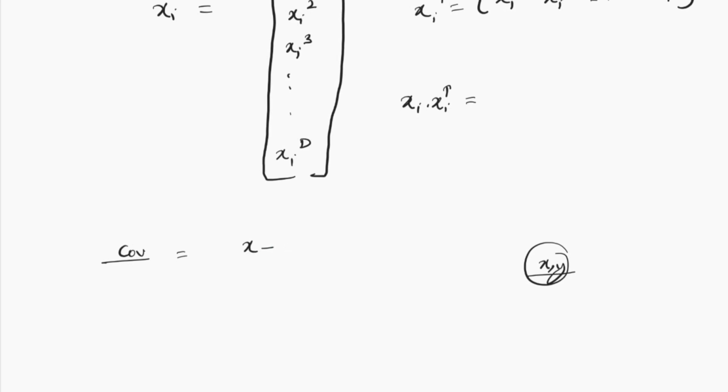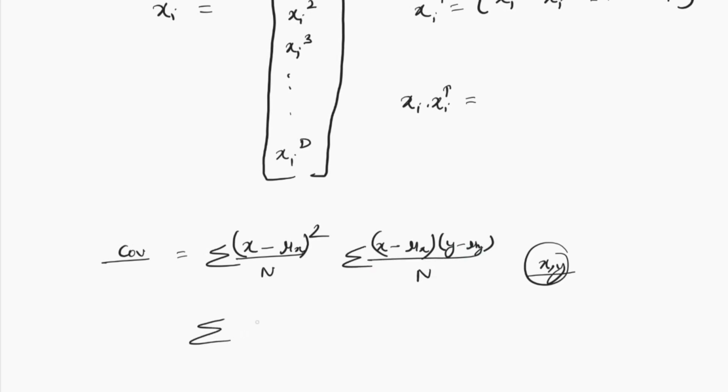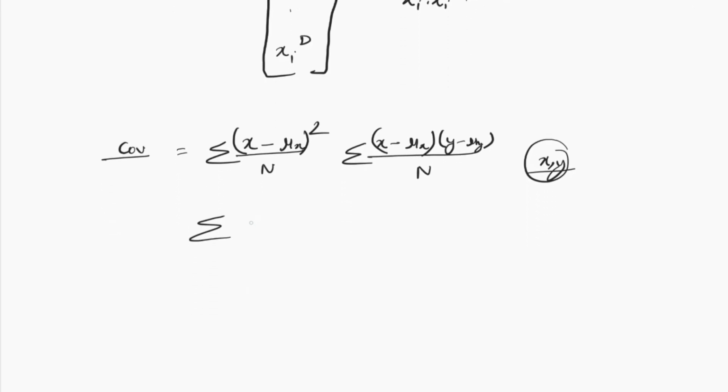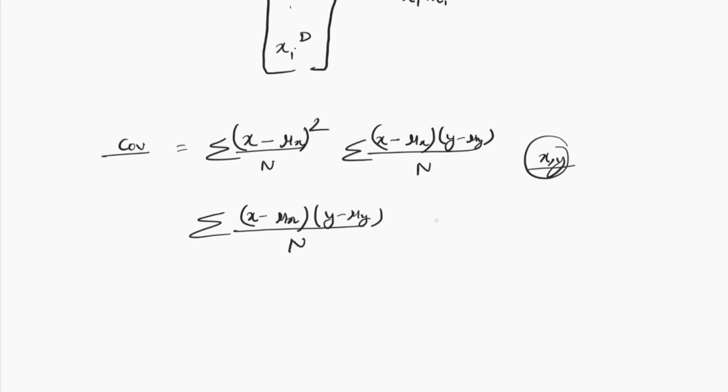Then it can be written as x minus mu x times x minus mu x, x minus mu x times y minus mu y, and so on, with y minus mu y.